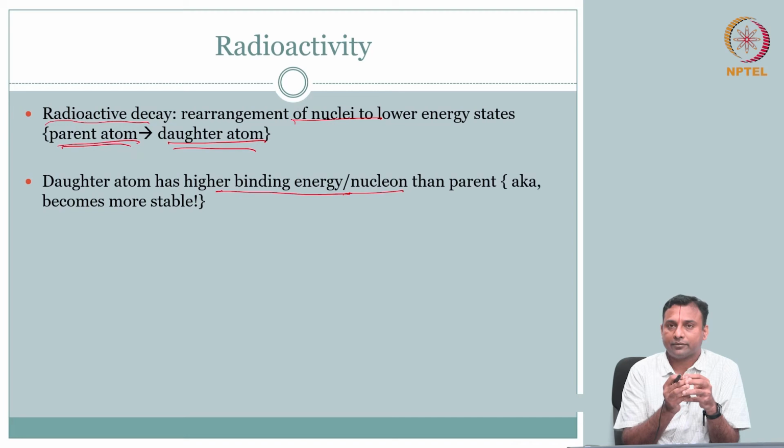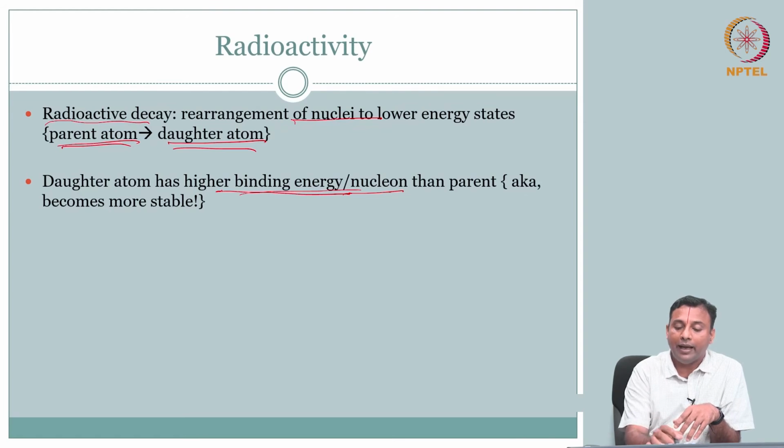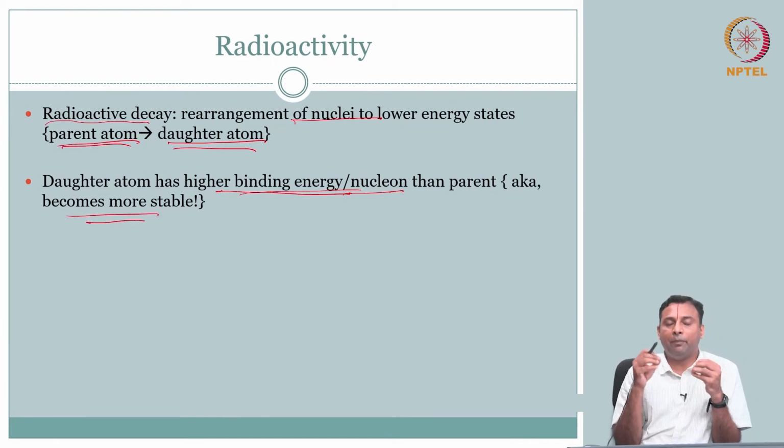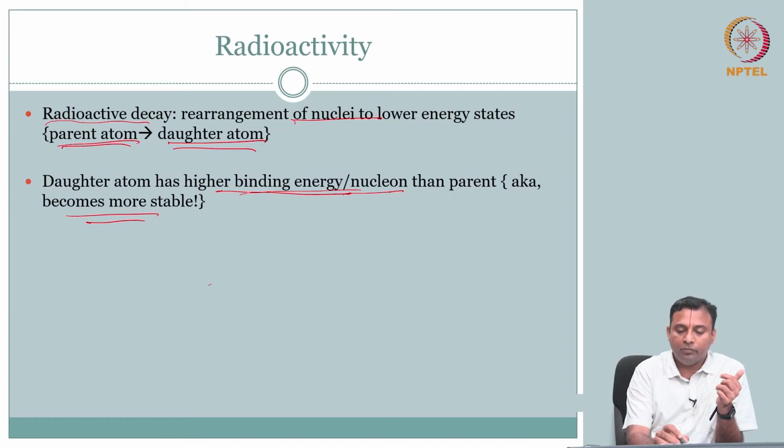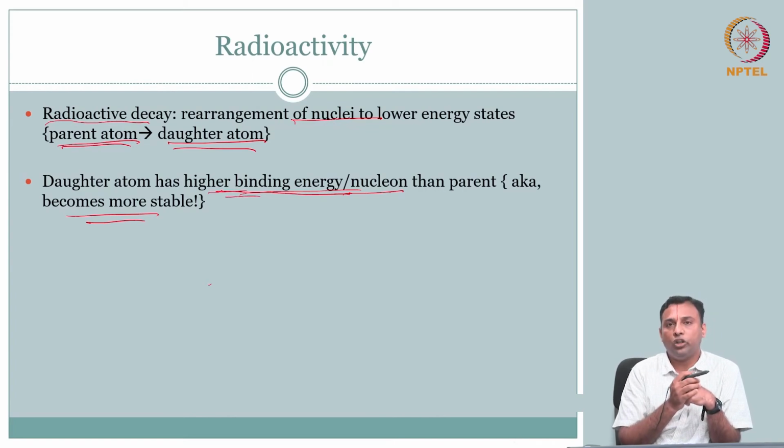So the daughter atom has higher binding energy per nucleon, and therefore it is more stable. When the parent atom decays, you get a daughter atom, and the daughter atom is more stable, meaning you can think of it as having higher binding energy per nucleon. So this rearrangement takes place.